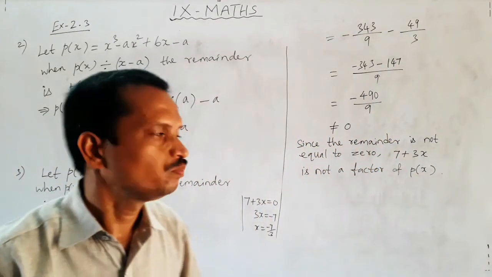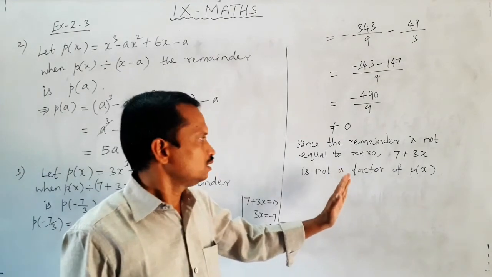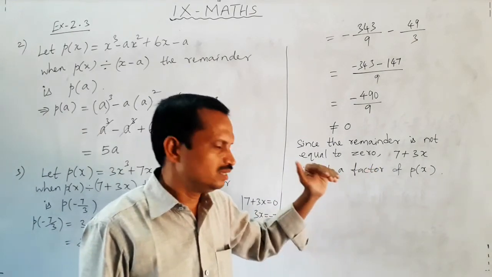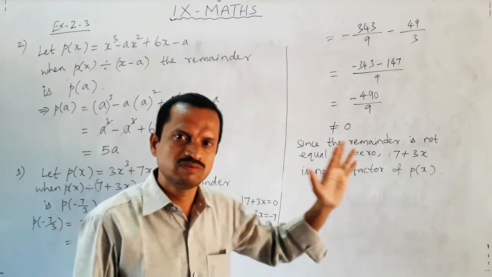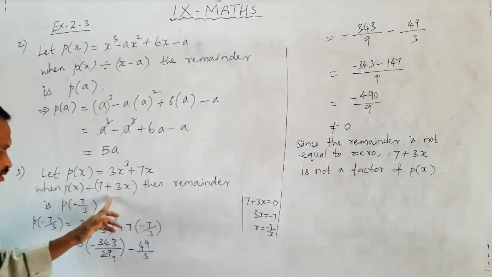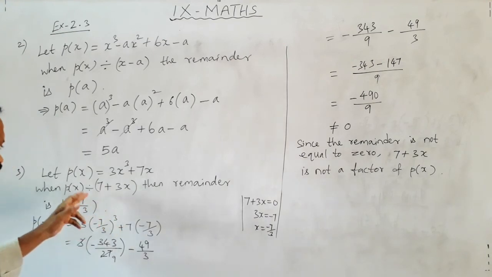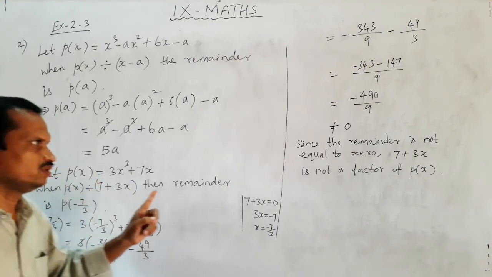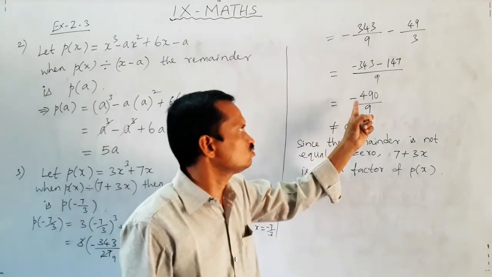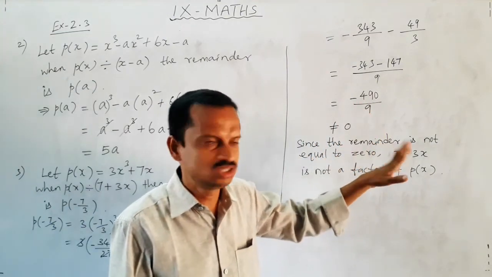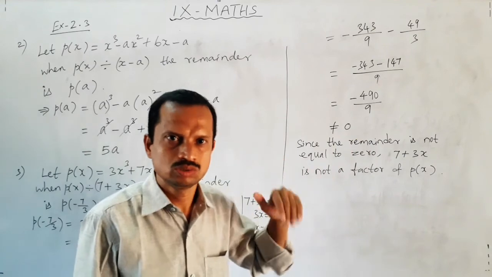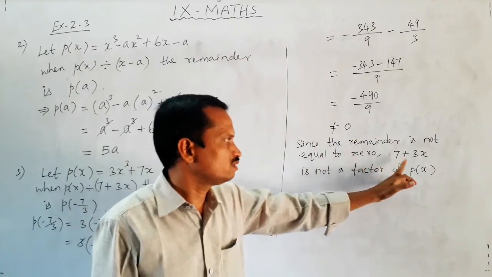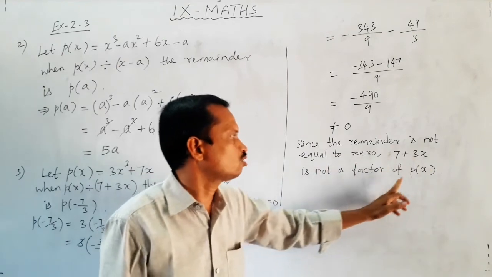Clear? So now, when the remainder is not equal to 0, then the divisor is not a factor of the given polynomial. Here the divisor is 7 plus 3x, and when we divide the polynomial by this 7 plus 3x, we got the remainder as minus 490 by 9, which is not equal to 0. So we come to the conclusion that the divisor 7 plus 3x is not a factor of p of x.